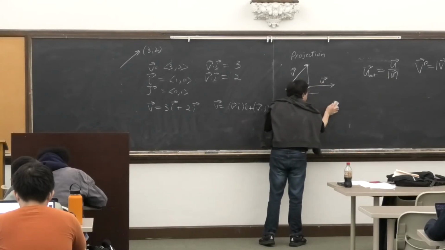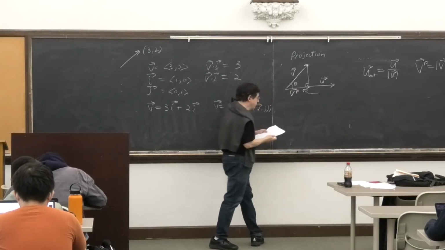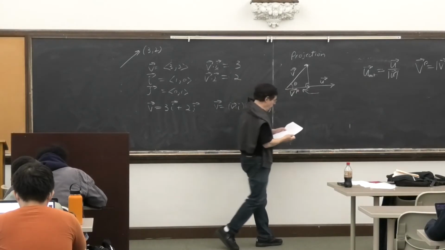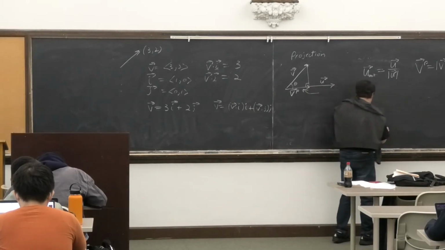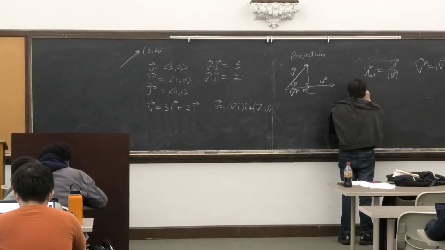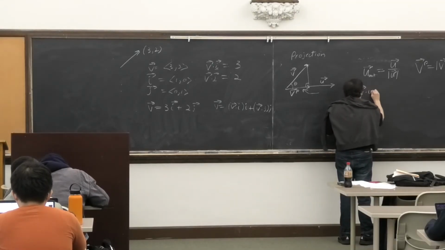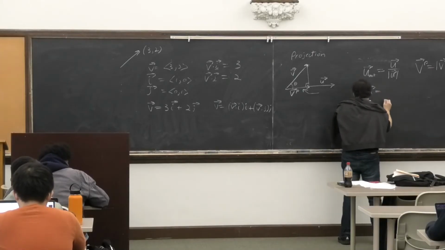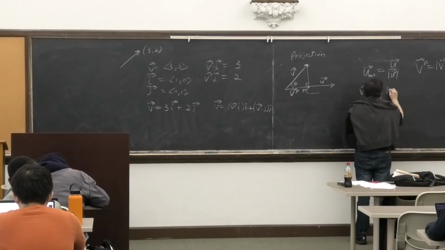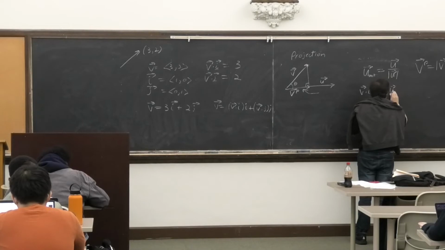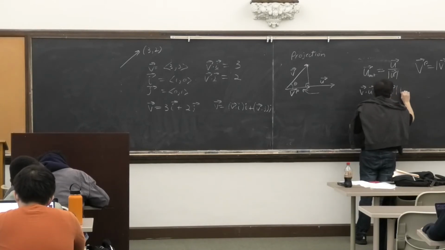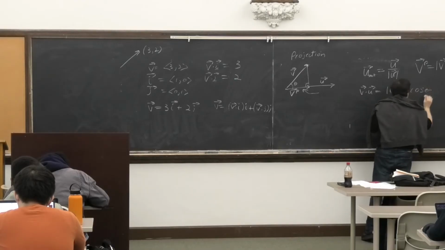Yes, I can erase this too. So we're going to look back at the fact that v dot u is equal to the norm of v, norm of u, cosine theta.